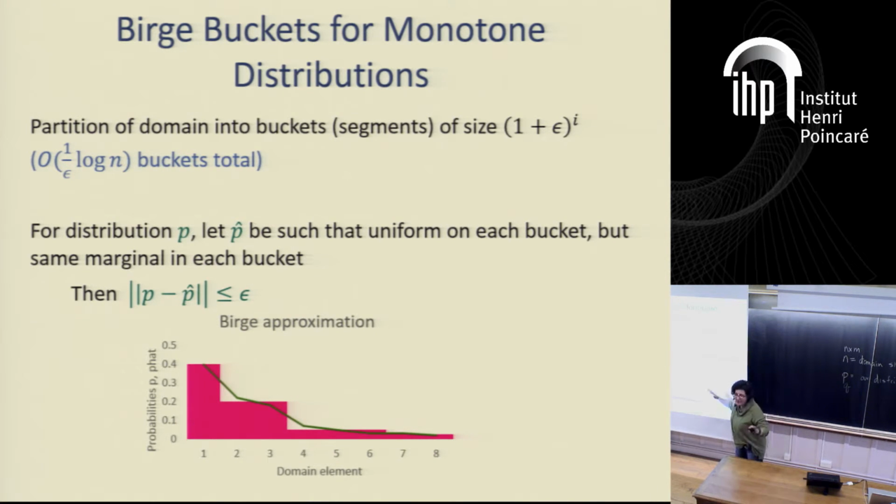Okay, so here's what we're going to do: partition the domain into segments of size (1 plus epsilon) to the i. Okay, so they're going to keep getting bigger. So there's a ceiling there, but whatever. Okay, so these segments are just going to keep getting bigger and bigger, but exponentially bigger. So we only have log n partitions to get to n, right?